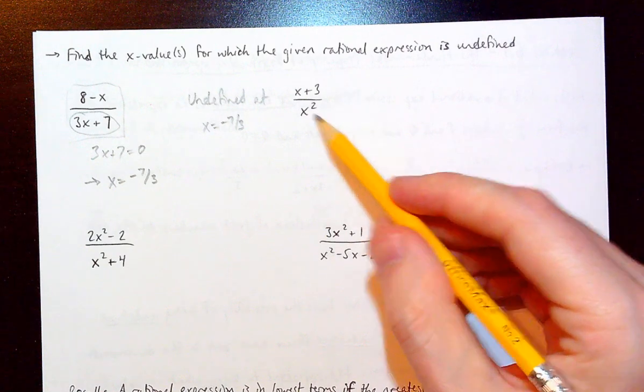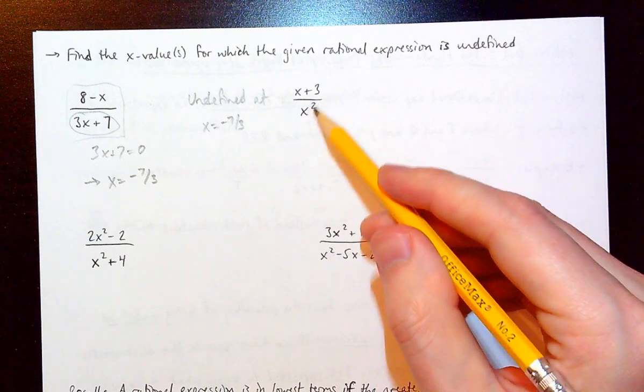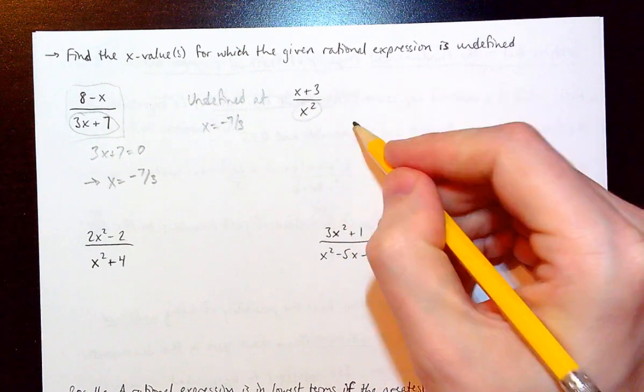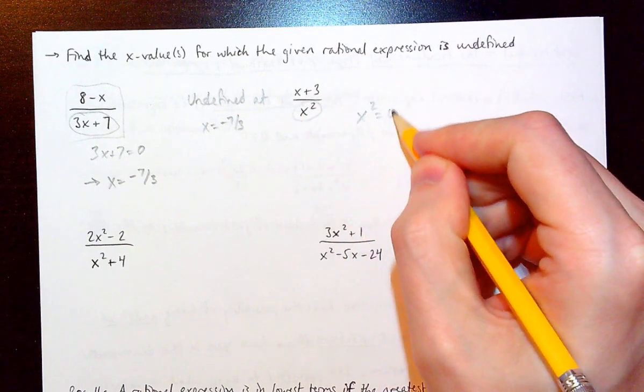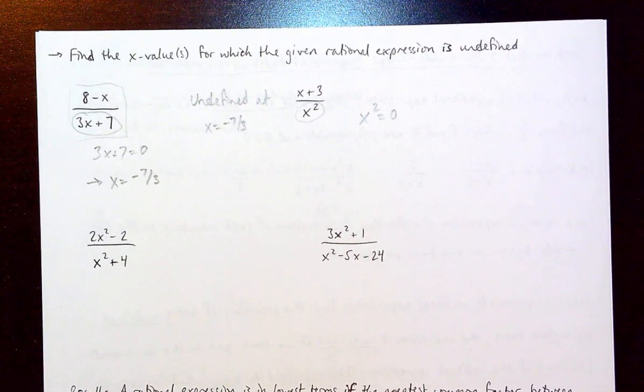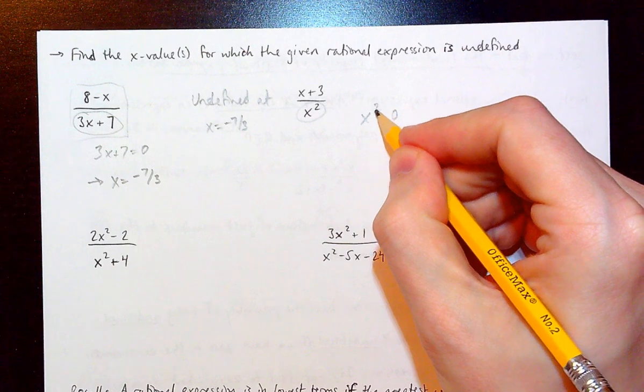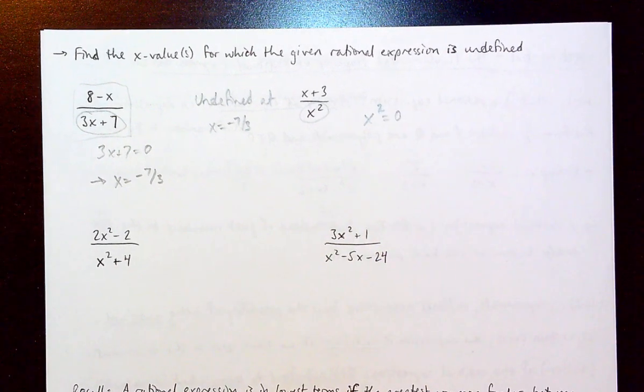And this one here, again, you're just looking at the bottom. You're setting it equal to 0, and you're solving for x. Well, x squared equals 0. We're asking ourselves what number times itself will give me 0. Well, the only way that can happen is if you have 0 times 0.